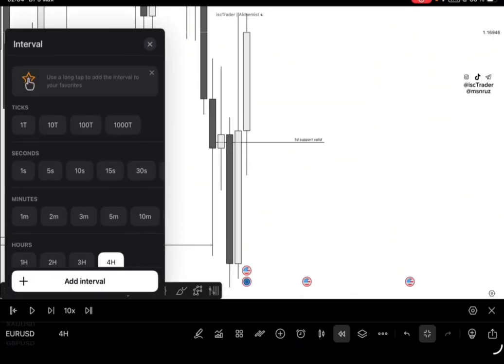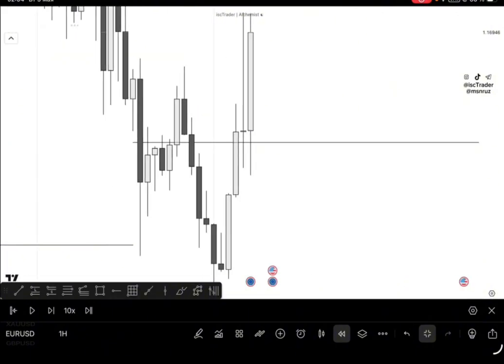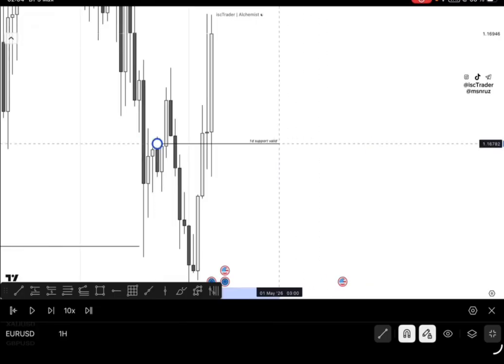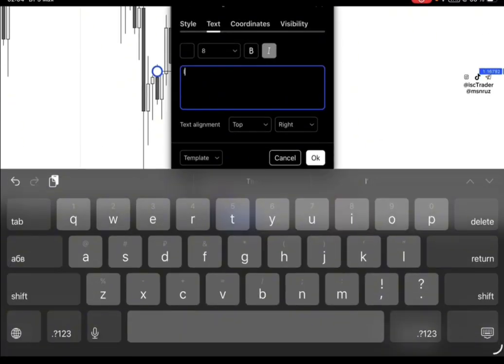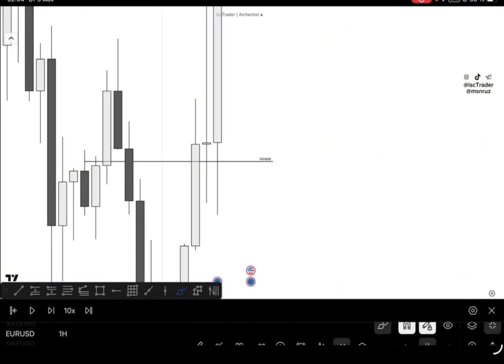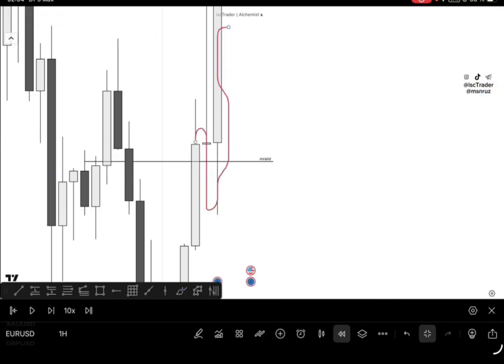And we'll switch to the 1-hour. On the 1-hour, as you can see, it's invalid. Invalid. The market is reacting and it is moving.